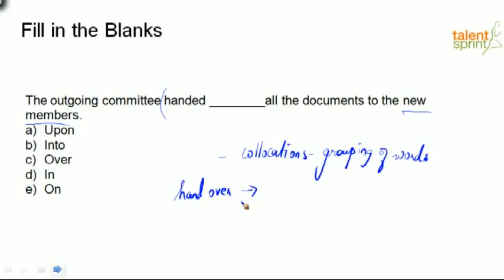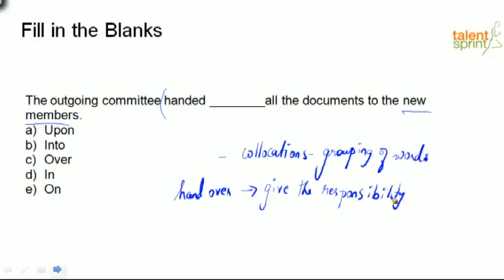That's what handover means. So in that sense, it's good for us to understand the meaning of certain phrasal verbs. That will help us. In the context, handover is to give the responsibility to so-and-so.